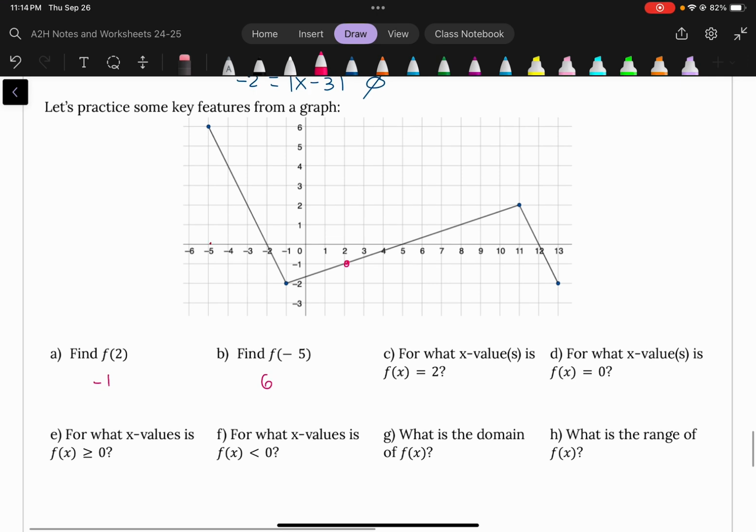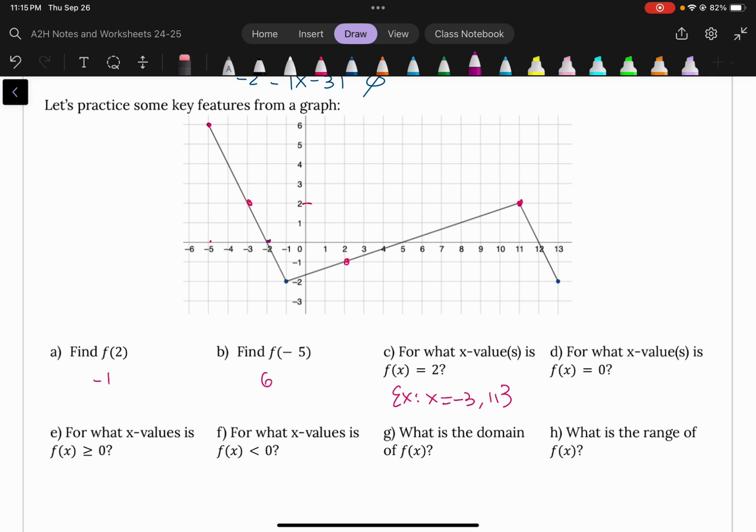All right, so for what x values is f of x greater than or equal to 0? Here's where things get interesting, right? So I look at this and I'm like, okay, f of x was the outputs. So where's the output, which is the y, greater than or equal to 0? Right? And I'm like, wait a second, right here.